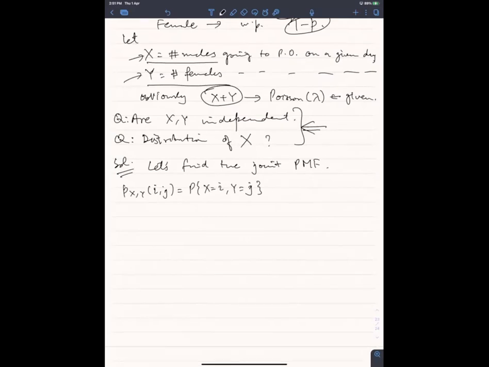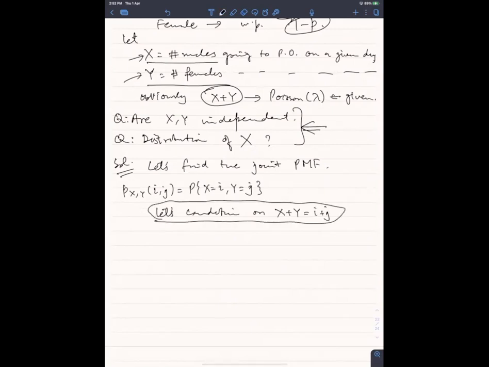So now let's condition on x plus y being equal to i plus j. What was the law of total probability?